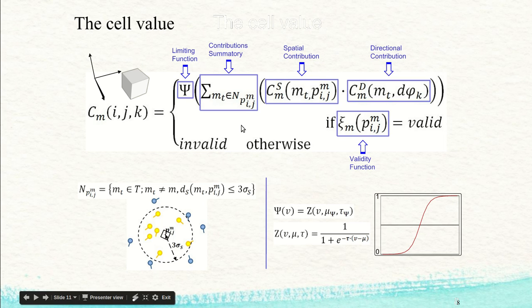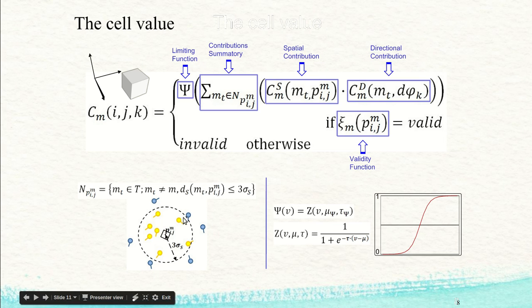We need to figure out which minutiae we are going to consider to calculate the values for a particular cell. The condition is that the distance between the minutia and the point is less than or equal to 3 times sigma s.